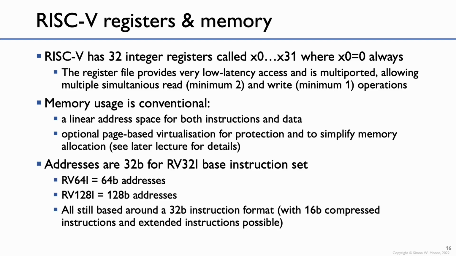Addresses are 32-bit for the RV32I base instruction set. There is, as I mentioned, an RV64I for 64-bit addresses, and there's a sort of prototype for RV128 for 128-bit addresses if you really need a lot of memory. They're all still based around a 32-bit instruction format with the 16-bit compressed instructions and extended instructions possible.